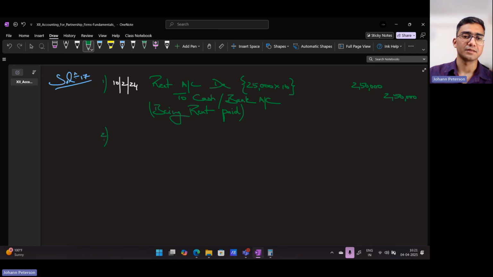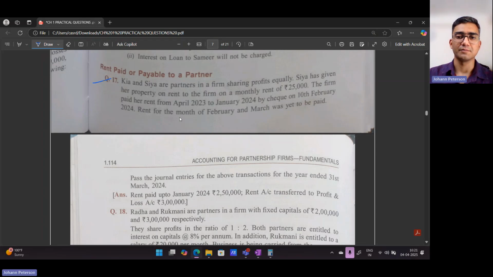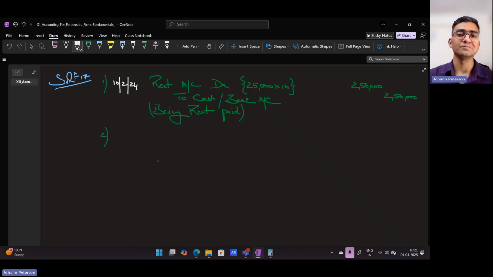Again, the second entry. Now, it was not paid for Feb and March. That means it is yet to be paid. Therefore, at the end of the year, which is 31st March, we will show this as something outstanding. So rent account debit, we will show that it is pending.